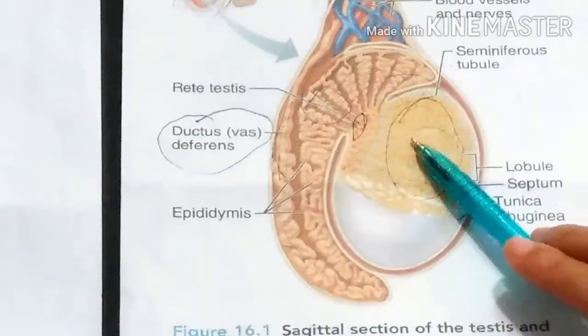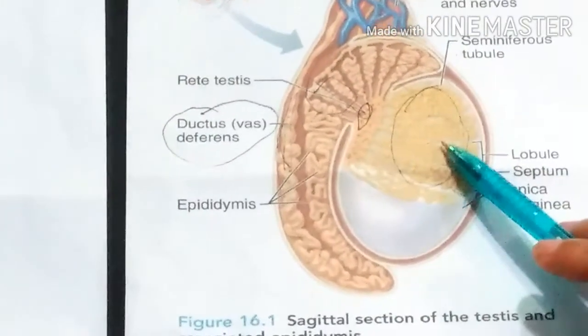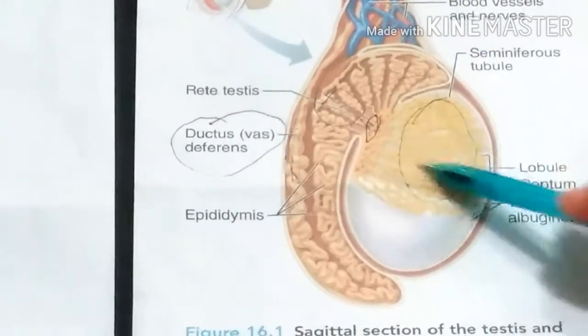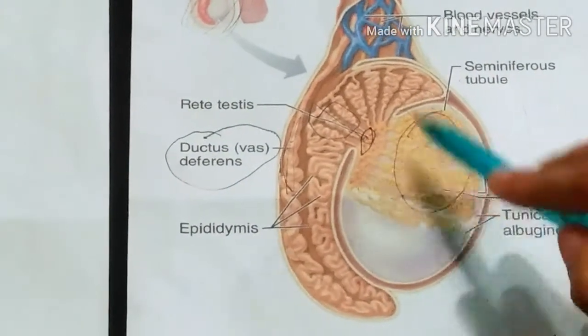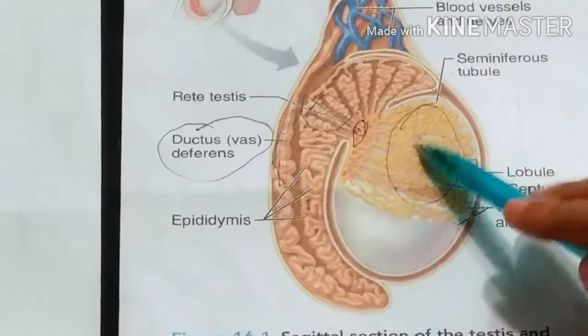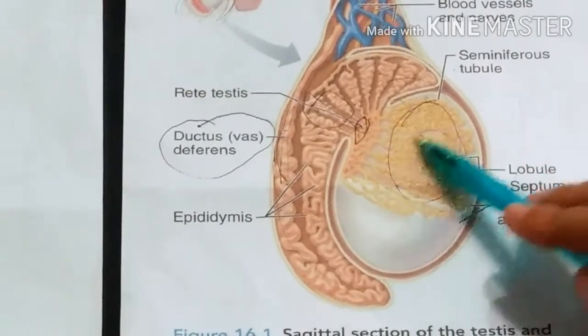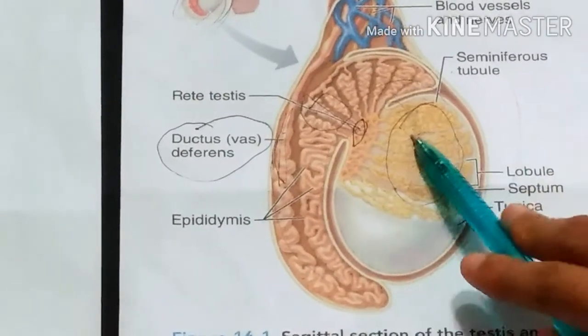Let's go to the creation of the sperm. The creation of the sperm occurs in the seminiferous tubules. So here is the seminiferous tubules, where the sperm is created.